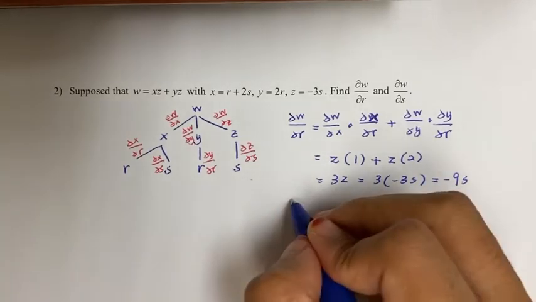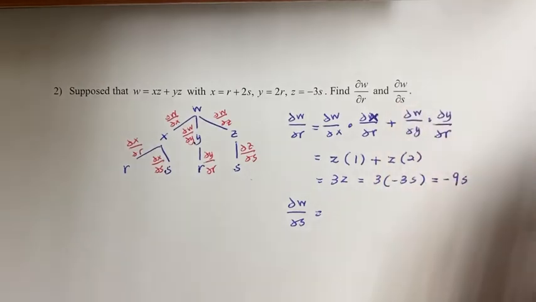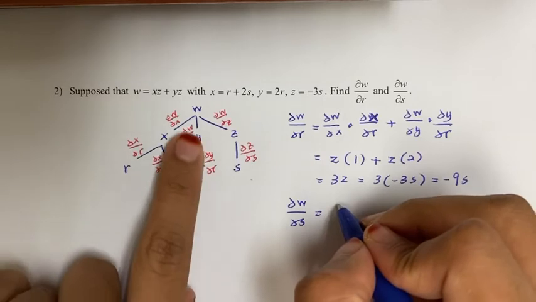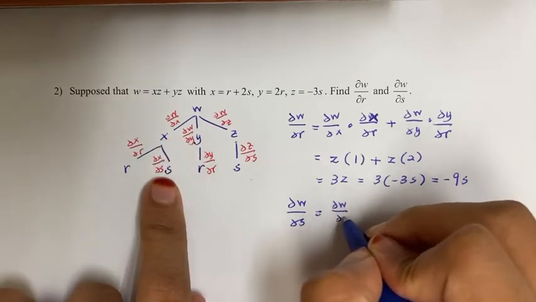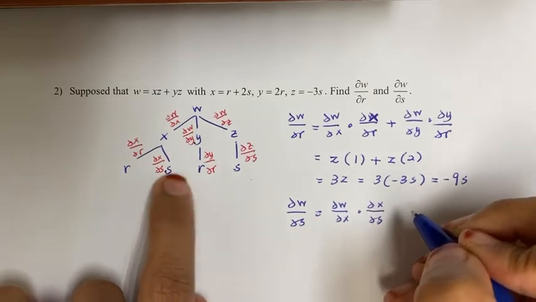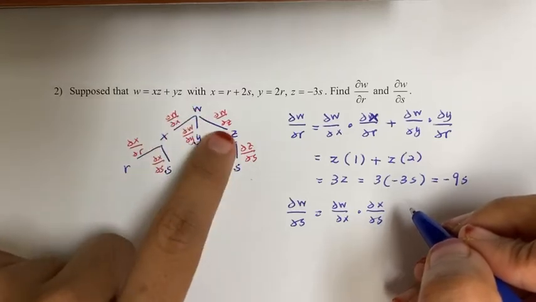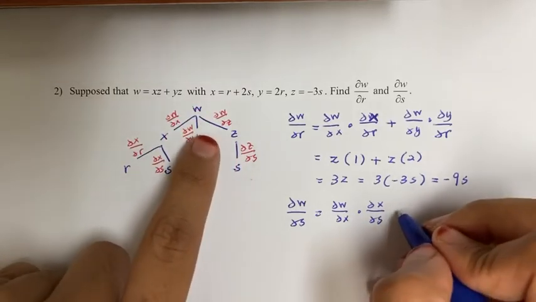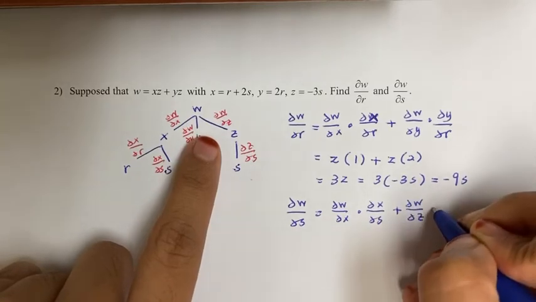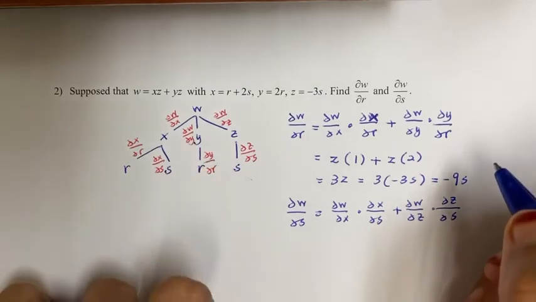Right? So del W over del S for this one. So for the S, any S here, so we have del W over del X multiplied by del X over del S. Then you don't have any S here in Y. You just have S in Z. So plus with del W over del Z multiplied by del Z over del S. Okay.